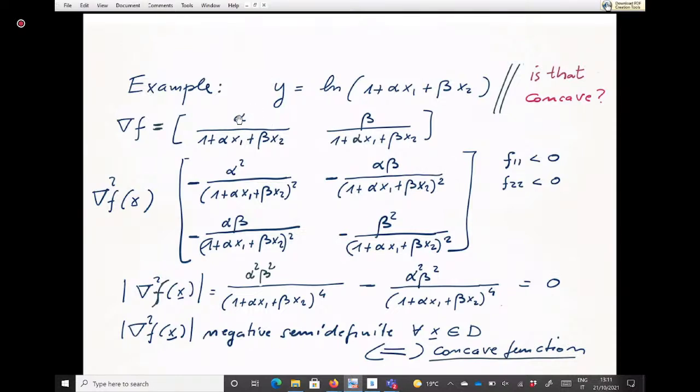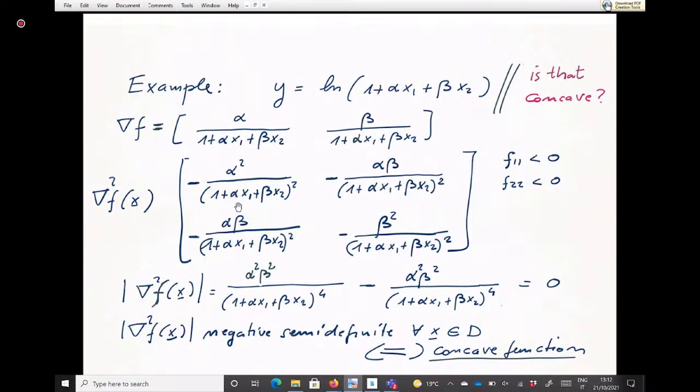So you again have minus alpha divided by this one squared, but this time times beta. And also, if you compute the derivative of this with respect to x1, these are the mixed derivatives, which should be equal to each other based on the theory, you actually get the same value as this one. So the matrix is symmetric, of course.